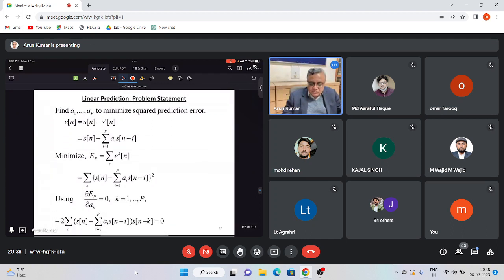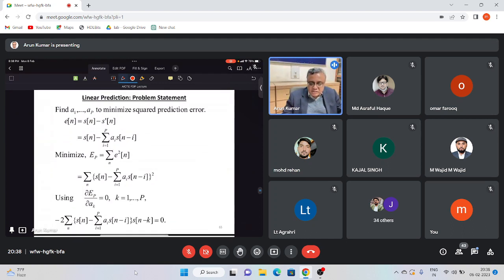So just one or two slides of mathematics to explain the problem. The problem here is to find the coefficients of this all-pole filter, that is a1 to aP, to minimize the squared prediction error. So s(n) here is the speech signal for a given duration, typically 10 to 30 milliseconds. s'(n) is an estimate or a prediction of the signal s(n), and that is obtained by a linear combination of the past samples. e(n) is the prediction error, the error between s(n) and the prediction s'(n).